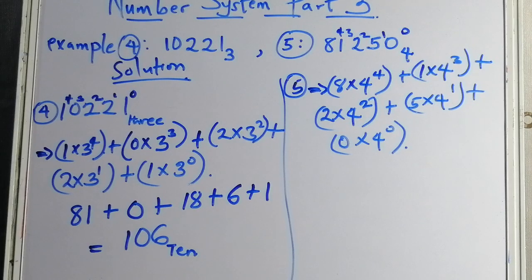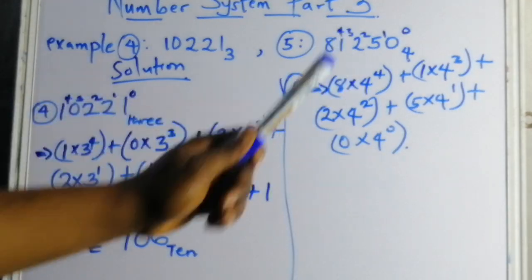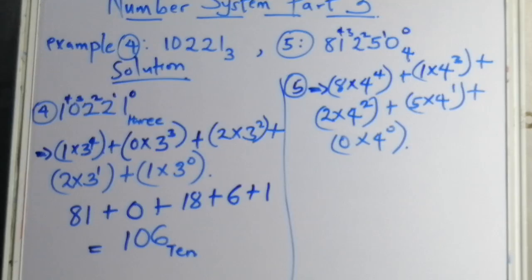So from here, it means that we have 4 times 4. This is 4 raised to power 4. Okay, so we have 4 times 4. 4 times 4 is what? 16. Okay, 16 times 4, that's 64. So 64 times another 4.